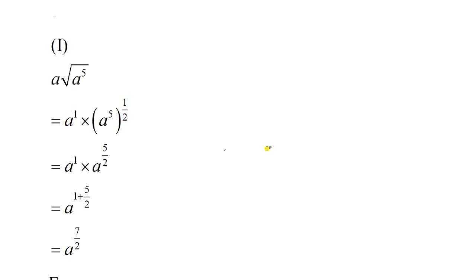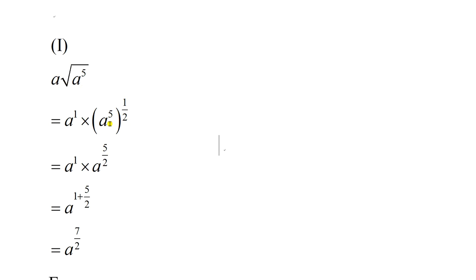In part 1, a times square root of a to the power 5. The first a, that is a to the power 1. In the middle, that means multiply. The square root means power 1 over 2. We change all the root signs to become the index. So this square root becomes the index 1 over 2.